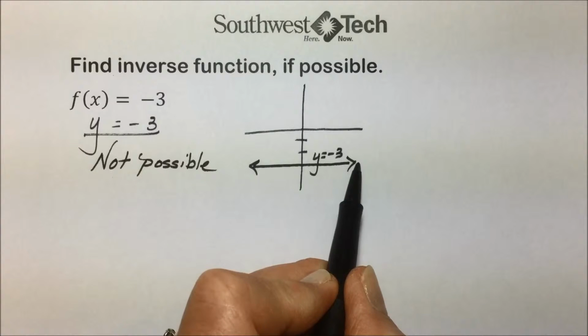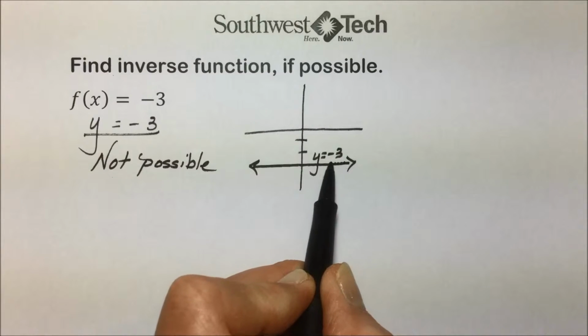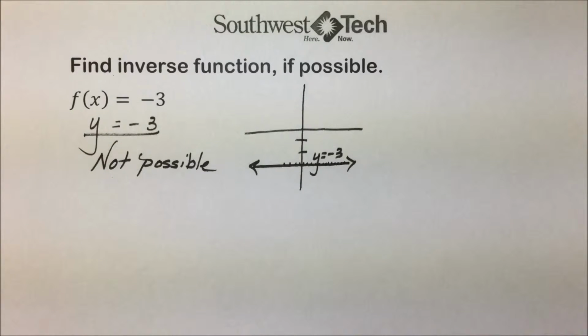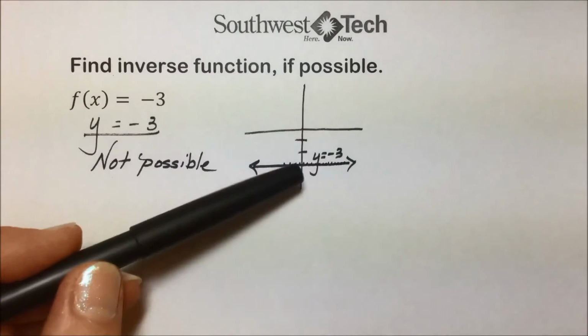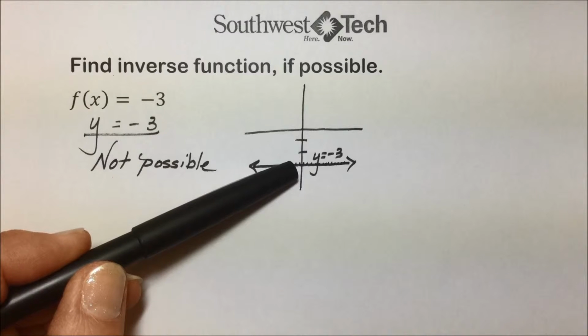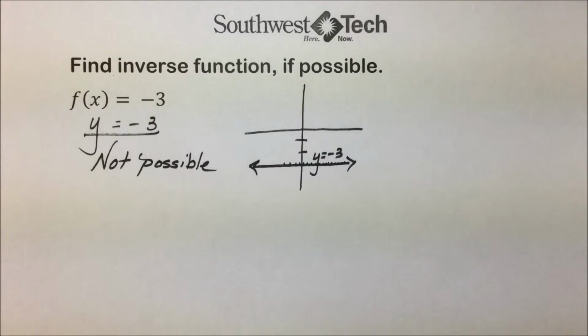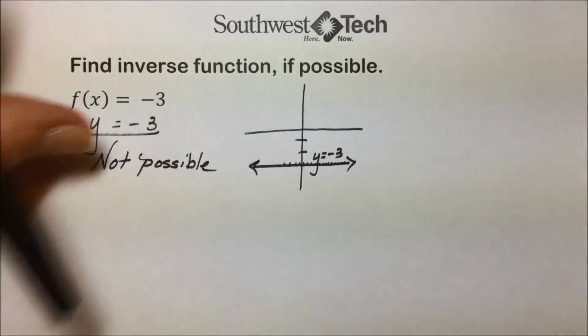And clearly, when we do the horizontal line test, it's intersecting an infinite number of points and would fail the one-to-one method of using the horizontal line test to determine whether a function is one-to-one. If it fails the horizontal line test, it's not one-to-one and it's not possible to determine the inverse function.